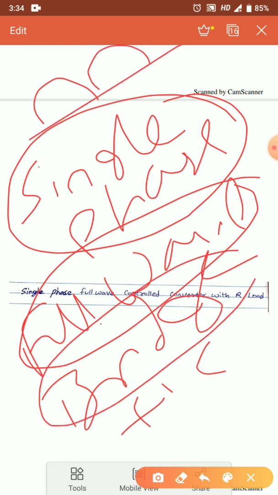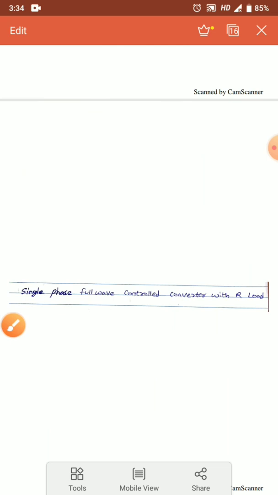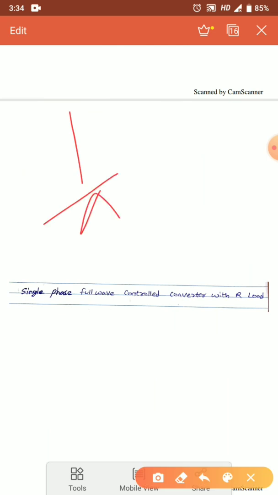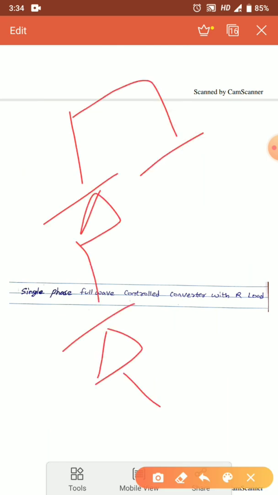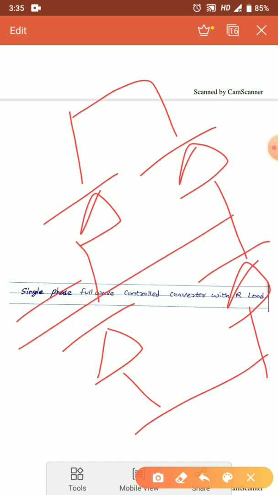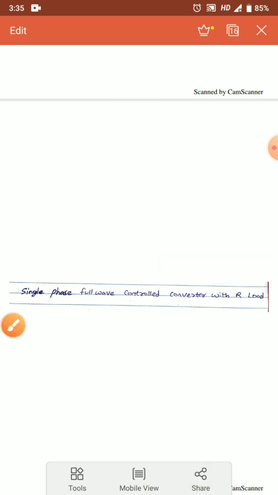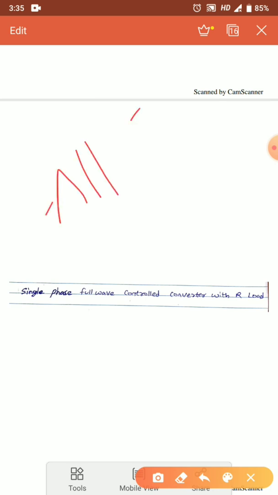The configuration that I am going to use is bridge configuration, which we know looks like this. I said full control. Full control means all the devices in the bridge configuration are SCRs.